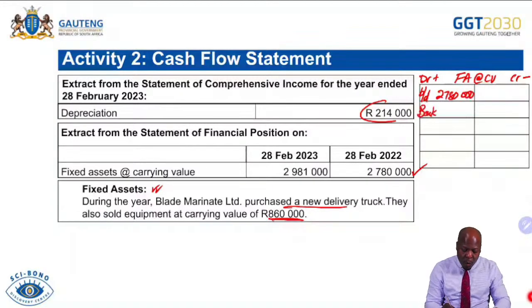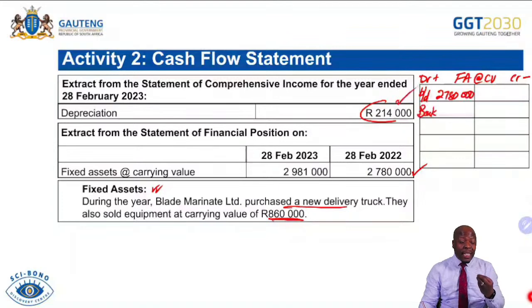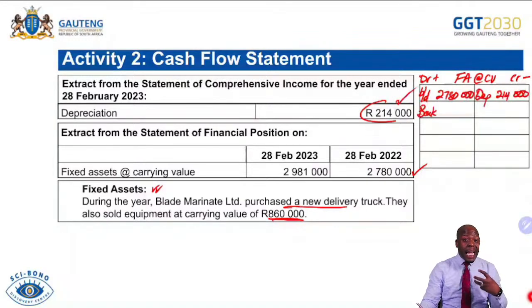But did we have any depreciation during the year? That would mean that our assets decreased in value. So we'd come here and have our depreciation, which is 214,000. I'm recording this depreciation because we are recording our assets at carrying value. Hence, you see my depreciation here, 214,000.